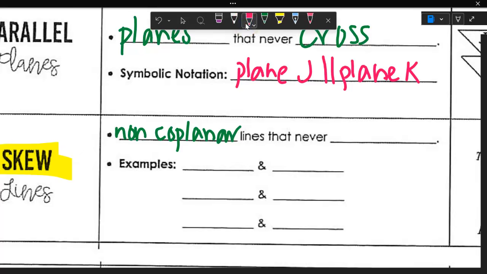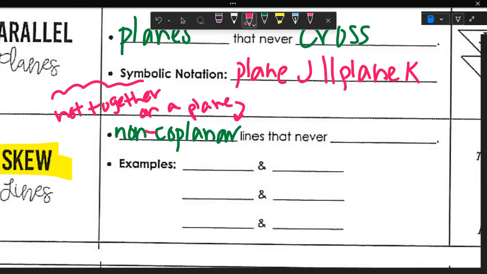Non-coplanar is referring to lines that are not together on the plane. So not together on a plane means non-coplanar. Skew lines are non-coplanar lines that never cross.